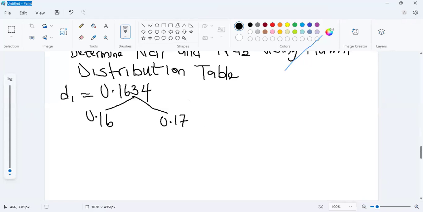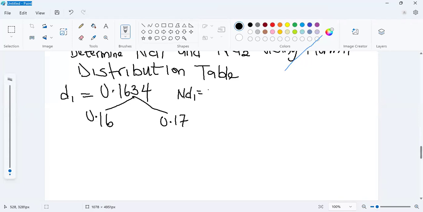When you are done, now look for your ND1. ND1 is equal to, look at your D1, you have a positive sign, plus 0.1634.